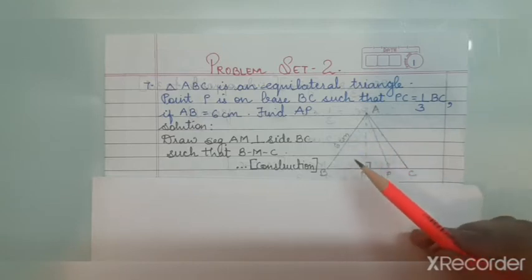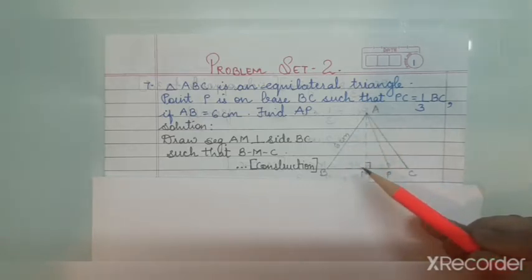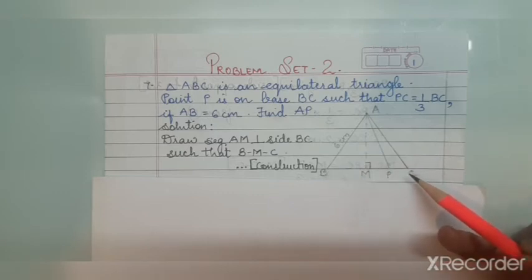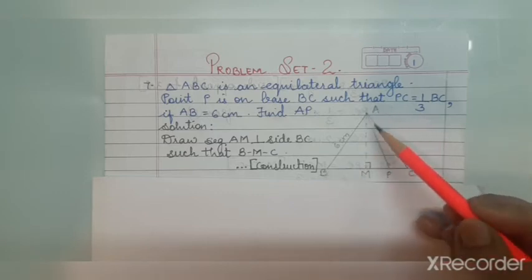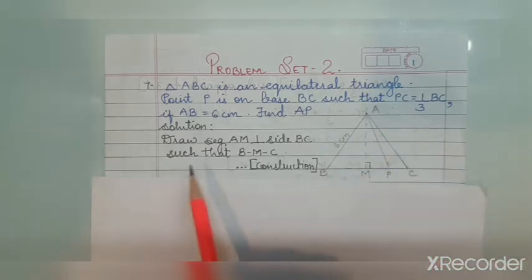The construction we are doing here is drawing AM, which is perpendicular to BC. This is not given in the figure, but we will need this AM perpendicular on BC to use some properties in order to solve this particular sum. So we begin the sum after drawing the figure.